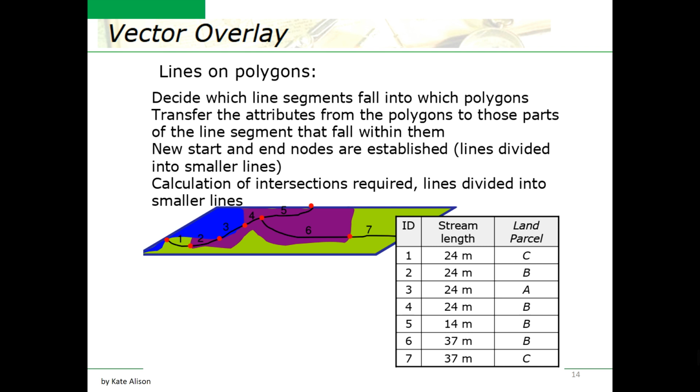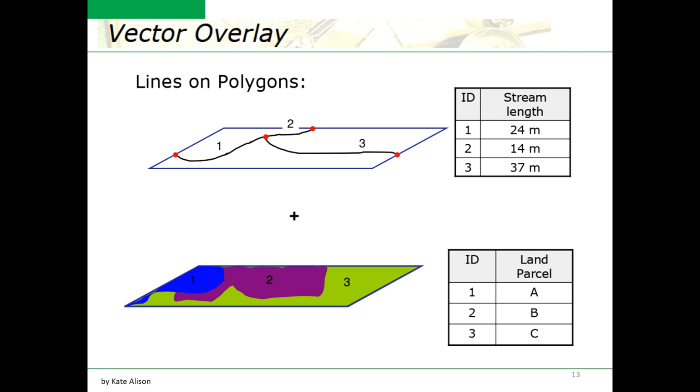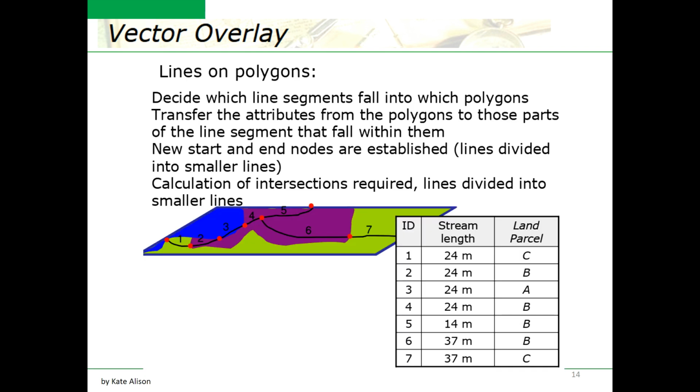But be careful. For example, our first line is 1, and the attribute is preserved from the previous attribute table. Our previous line here had a length of 24 meters. But once we have overlaid, our line 1, which is here, is now divided into 4 new segments, though the attribute remains the same.